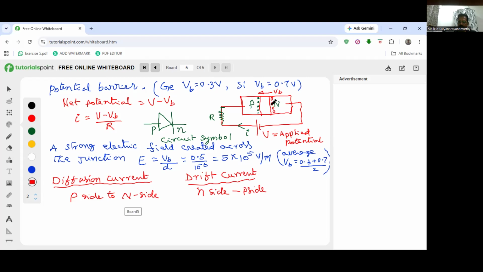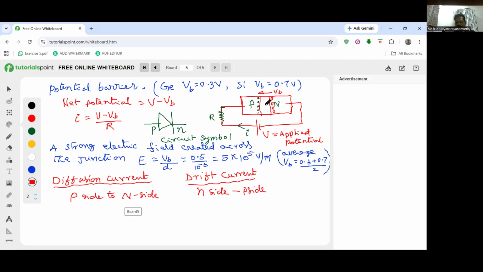Drift current means what happened now? Here the depletion layer is there, that is the electron hole pair. At the junction, electrons and holes will combine.